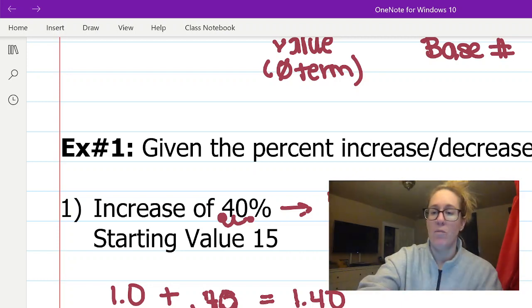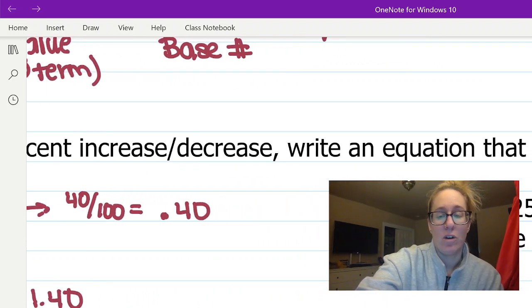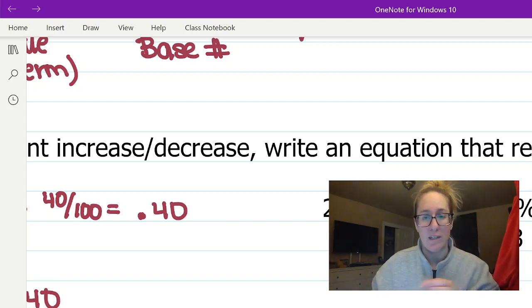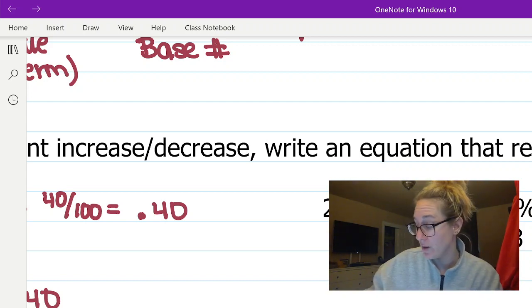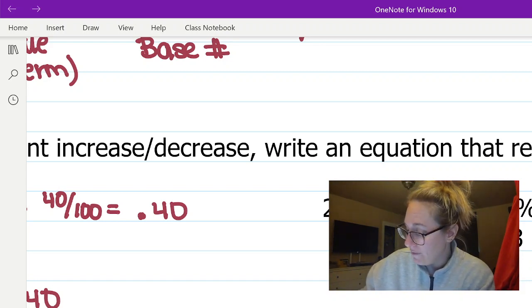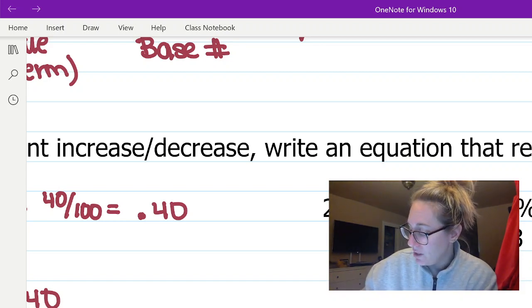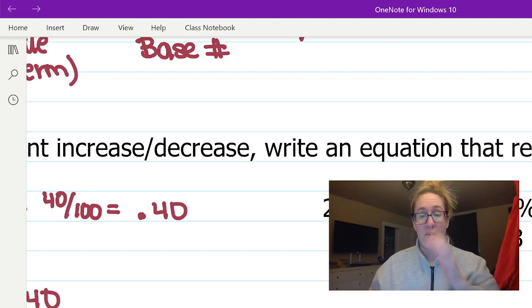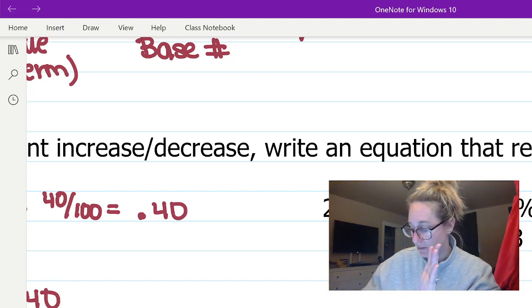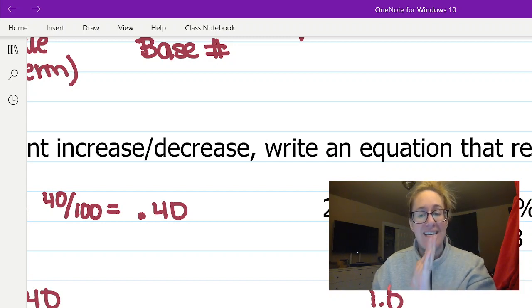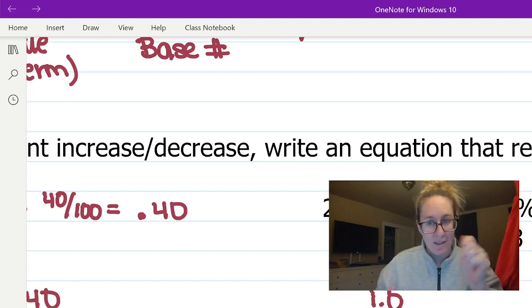All right, now move on to decreasing. This one is a decrease of 25%. Same concept: we take that 25% and convert it to a decimal. That would be 25 over 100, which is just 0.25. Since this is a decrease, again we're starting at 100%, so 1.0, and we subtract that 0.25.